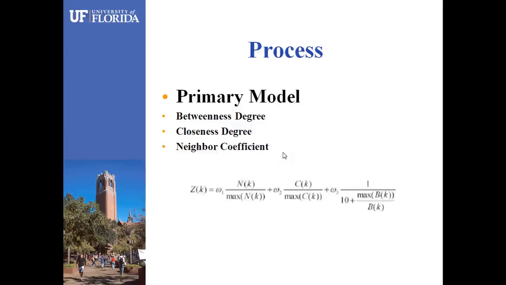The betweenness degree is a measure parameter of the importance of a node in the network, which is the frequency of the shortest paths in the network between any two nodes that pass through this node. If the betweenness of the node K is high, it means there are many paths through this node. Obviously, the betweenness degree of each node varies.